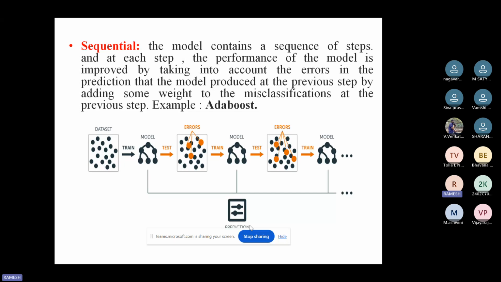Out of those 30, 15 people passed, and for the remaining 15, again one more makeup mid or summer semester, like that. So wherever we got errors, or for the data which the model is not able to classify correctly, on that data only we continue the process. The sequential process is continuous, one after the other.